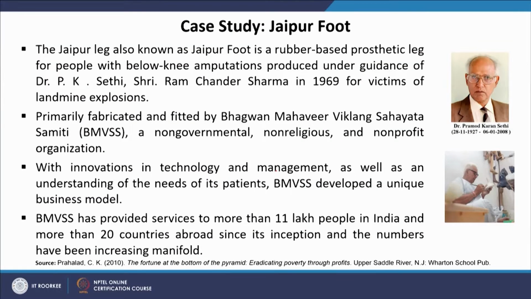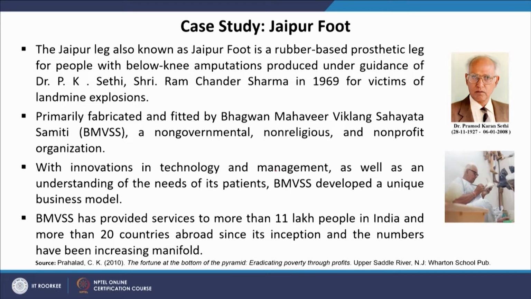The Jaipur leg, also known as Jaipur Foot, is a rubber based prosthetic leg for people with below knee amputations, produced under guidance of Dr. P.K. Sethi and Sri Ramchandra Sharma in 1969 for victims of landmine explosions. Primarily fabricated and fitted by Bhagwan Mahavir Viklang Sahayata Samiti, a non-governmental, non-religious and non-profit organization.